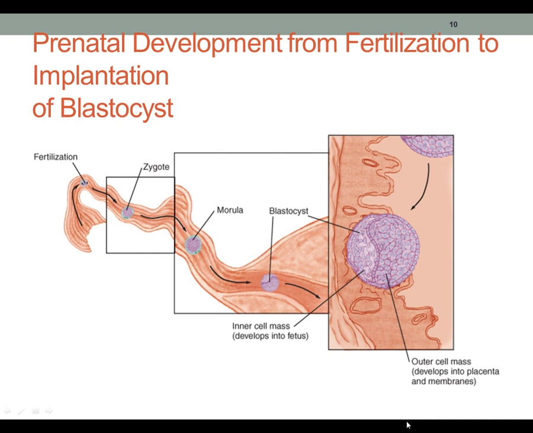So what happens is the zygote or the conceptus secretes an enzyme that when it gets to the right place in the uterus, it will attach itself to the wall, and it actually secretes an enzyme that erodes a hole in the decidua.